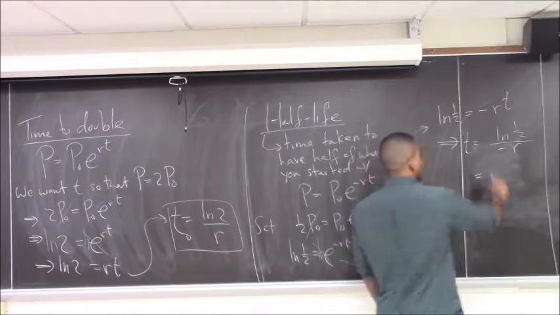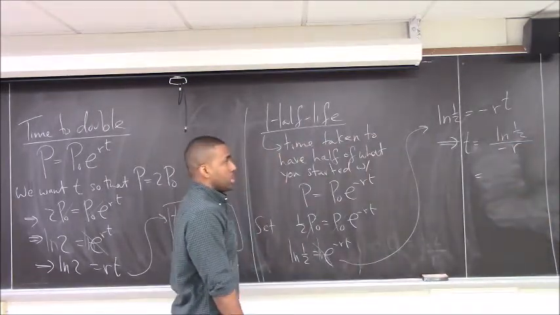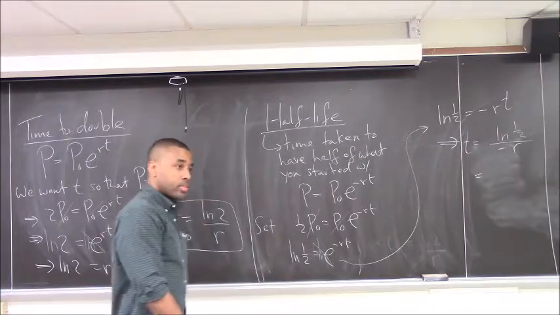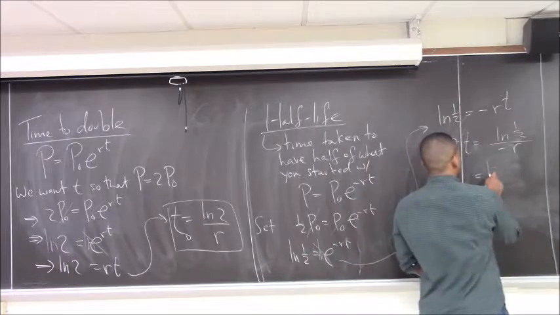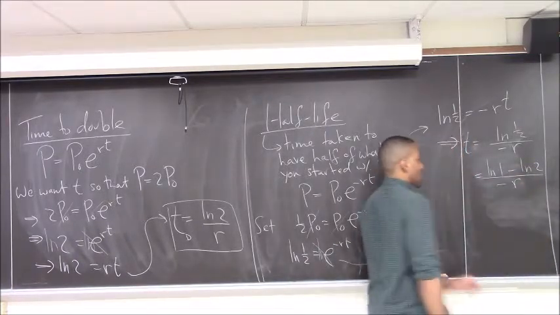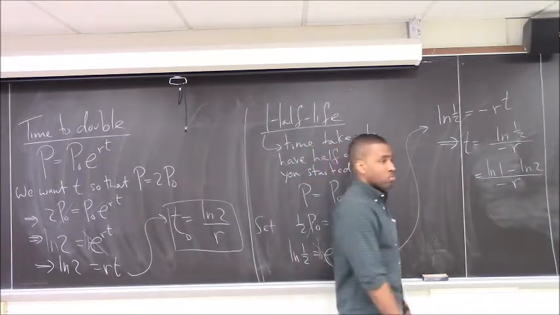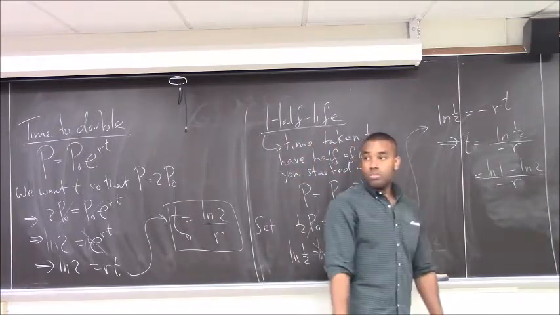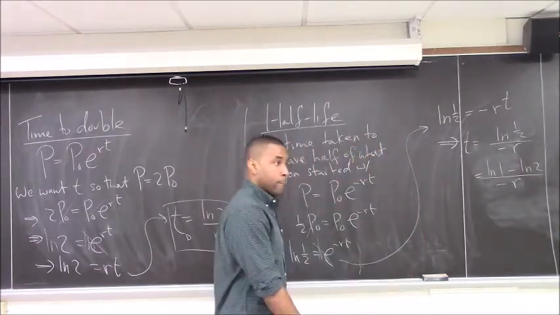How could I rewrite ln of 1/2, for example? I can break that down to ln of 1 minus ln of 2. What's ln of 1? 0.